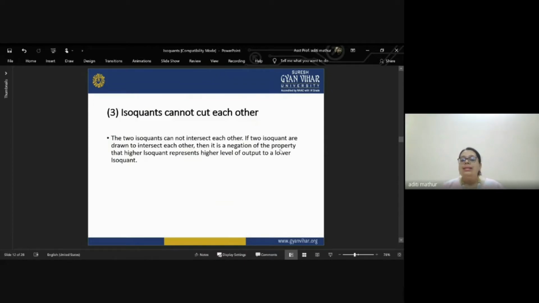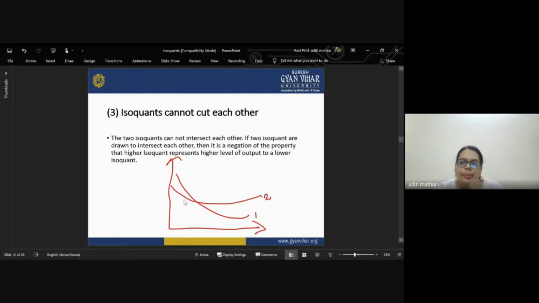Now let us discuss the third characteristic, that is, isoquants cannot cut each other. Two isoquants cannot intersect each other. If two isoquants are drawn to intersect each other, then it is a negation of the property that the higher isoquant represents a higher level of output than the lower isoquant. So let us take a situation where this is my isoquant 1 and this is my isoquant 2.